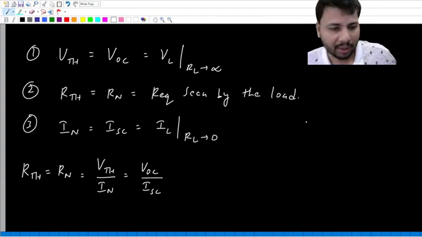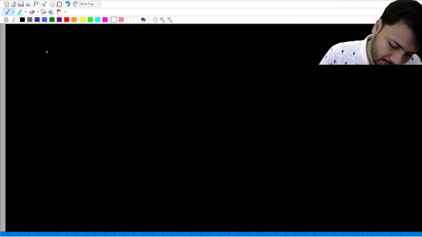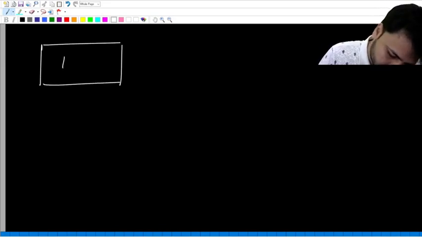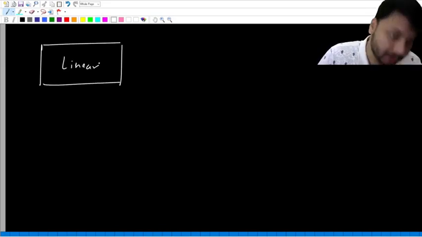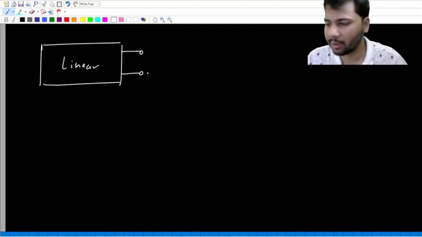I hope it is clear up to this point. So if you are given some linear network, this box, it is a linear network, and it has only one port.